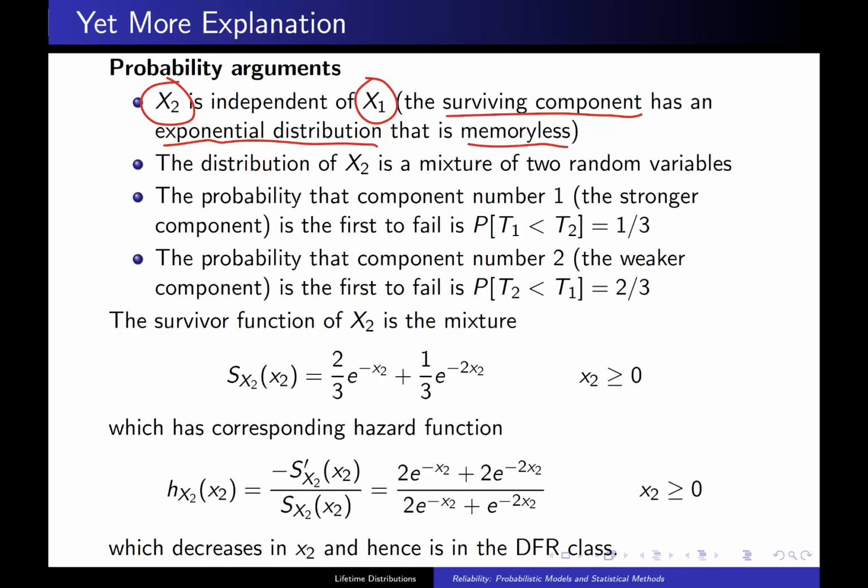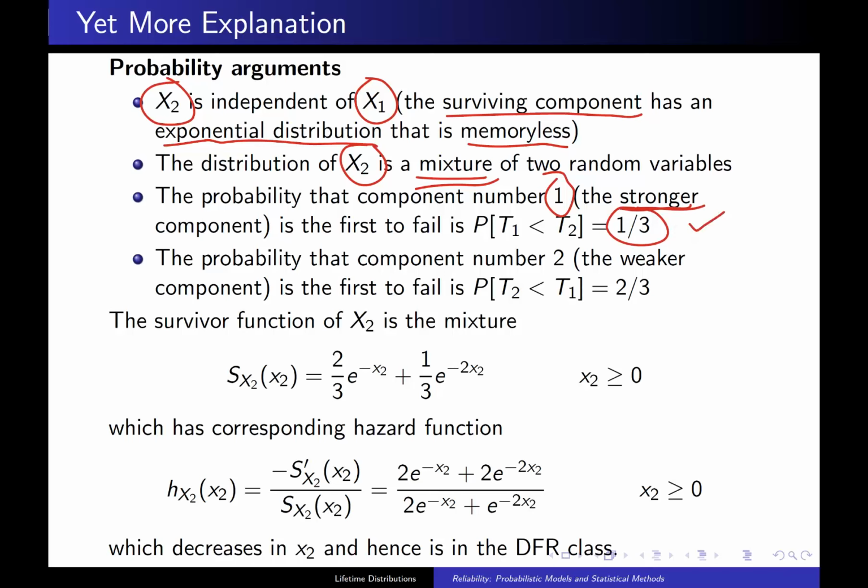The next thing is x2 is a mixture, and that's the key here, of two random variables. It turns out that the probability that component 1, the stronger component, is the first to fail has probability 1/3. We won't go into the details why that's true. We're going to hit a result later that shows why that's the case, but for now we'll take that as a given.